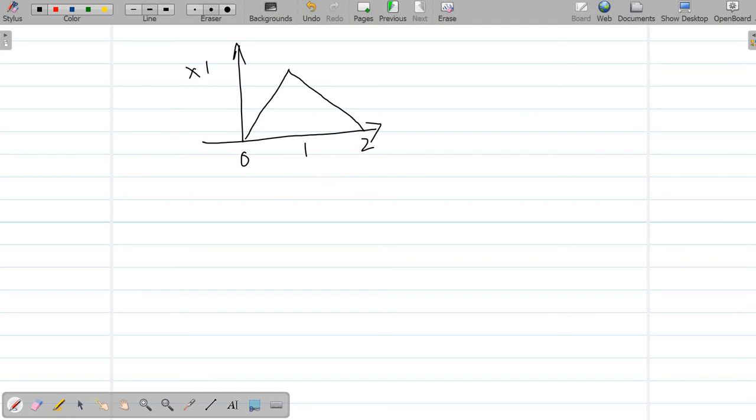This is x of t, and we have to find out some shifting operation that will result in a new signal.